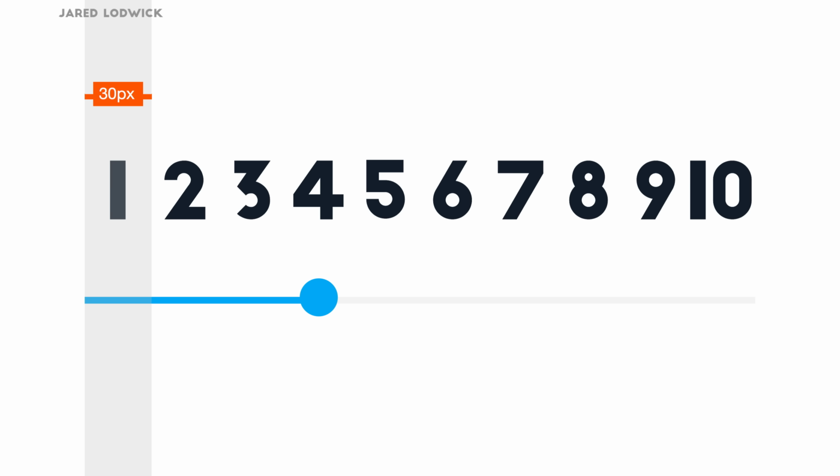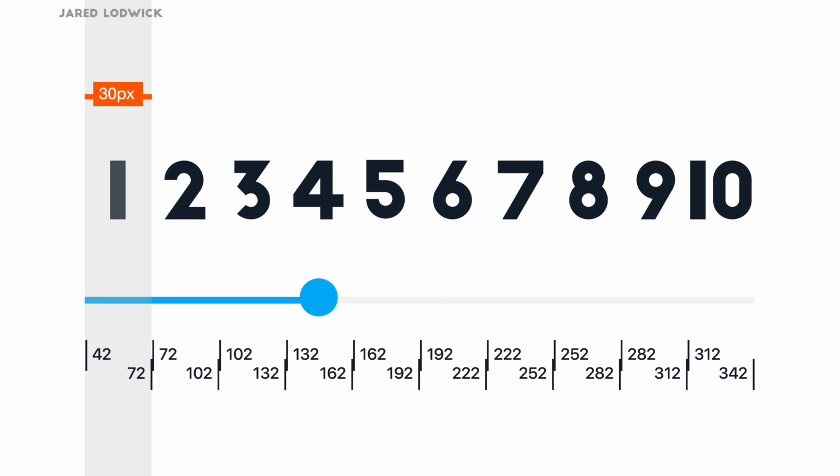Then number 2 should appear between 72 and 102, and then we build up from there. And then we say when the knob is outside of that area, fade back down to 0. So when you slide over, it'll fade in, and when you slide out, it'll fade out, and it will look perfect.